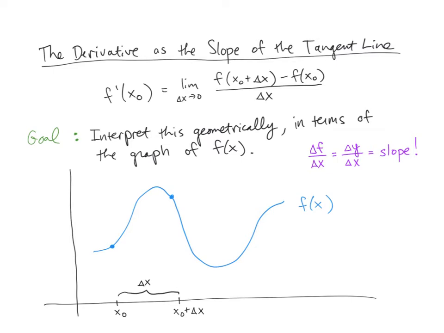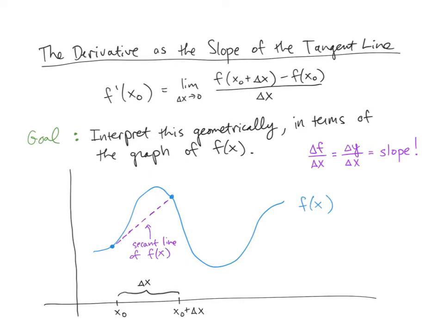And it's the slope of the line that connects these 2 points here. I've indicated that in the graph, it's that dashed line, or line segment, connecting those 2 points of the graph. And this is called a secant line of the graph of f of x.